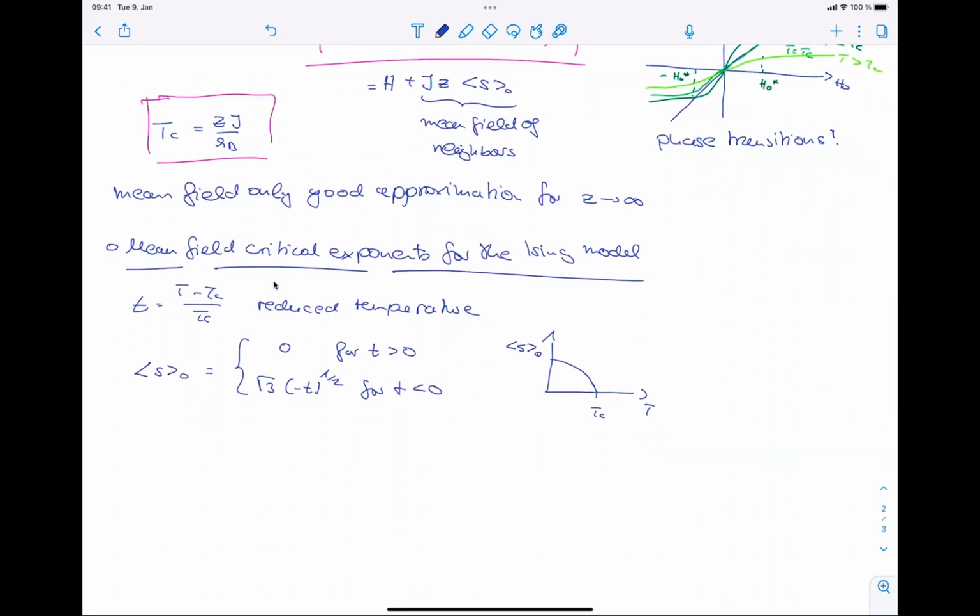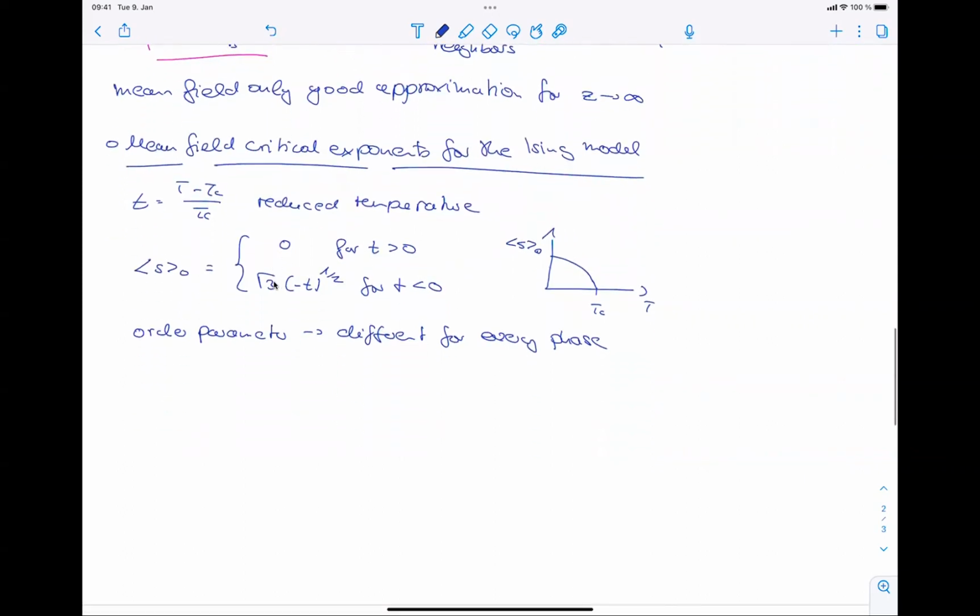And so we find that this magnetization serves as an order parameter, because it's different for every phase, and thereby allows us to determine in which phase we are. That's a quick recap of last week.